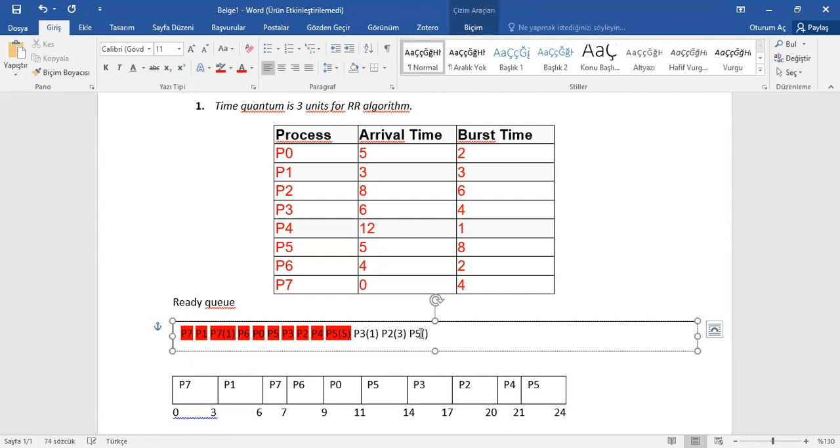We have 2 nanoseconds left. So after this, you can clearly understand that only 1 nanosecond, 3 nanoseconds, and 2 nanoseconds are left. So you will execute P3, then P2, then P5.